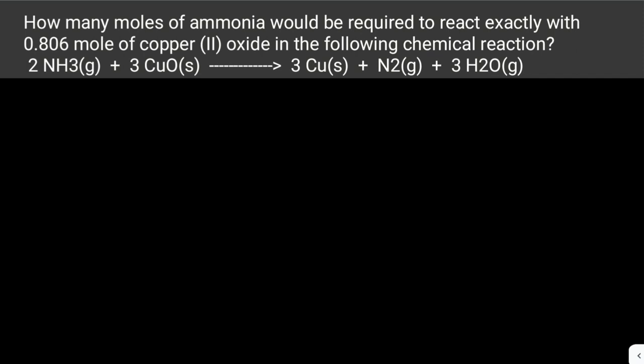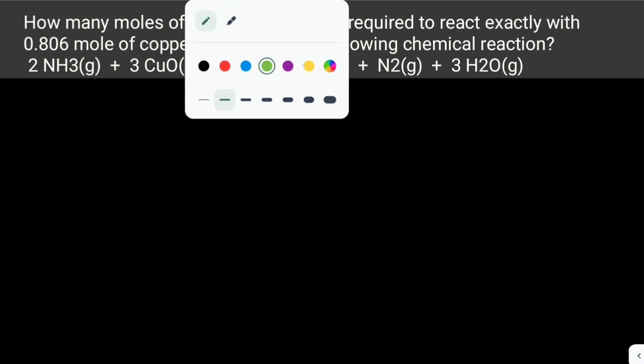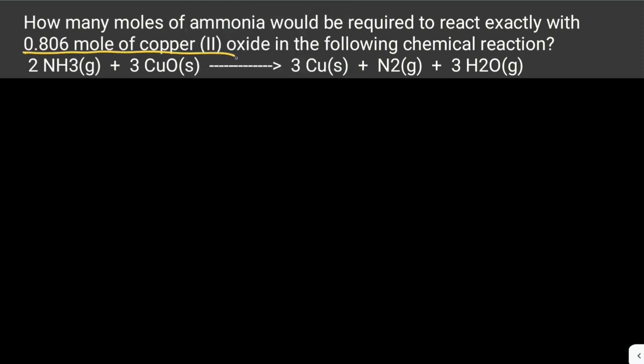So we're given here 0.806 mole of copper oxide. We start from there, and then we need to solve for the number of moles of NH3, ammonia. So it would be 0.806 mole of copper oxide.